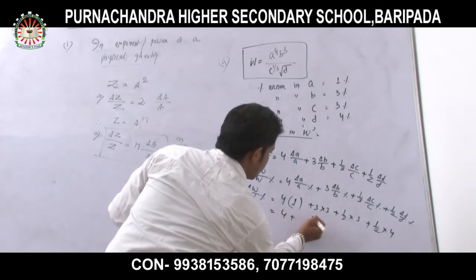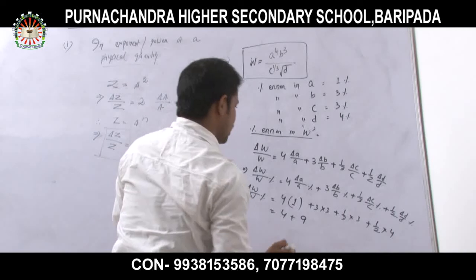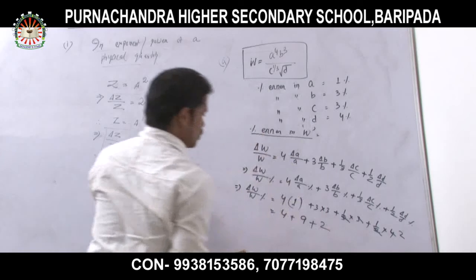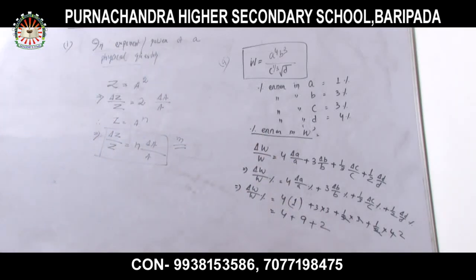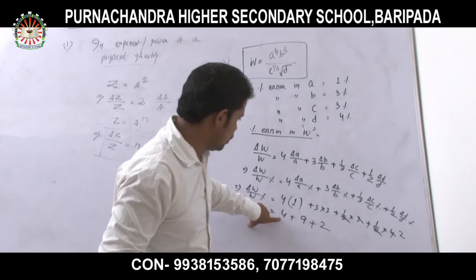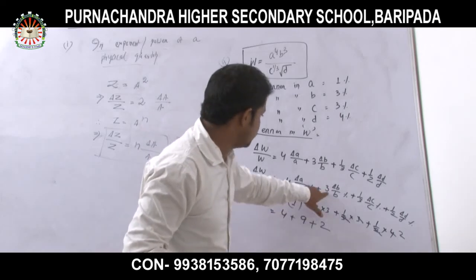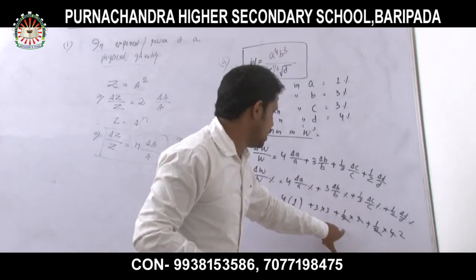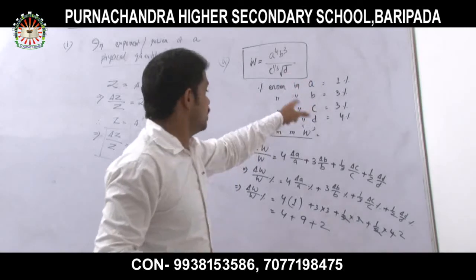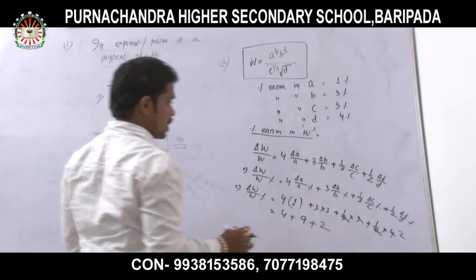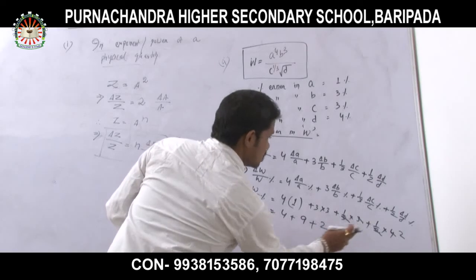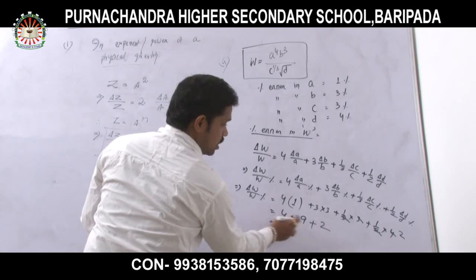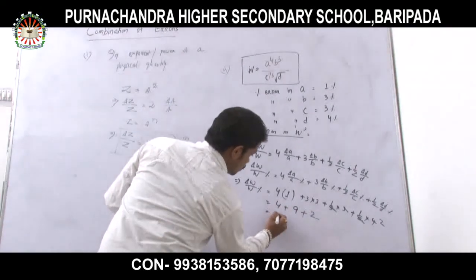So this is 4, this is 9, this is cancelled out, and this is 2. Understood all of you? Again I will repeat: 4, this is 3 del B by B is 3%, 9, this is cancelled out, del C by 3, and this is del D by D. Clear? So this is 2. So how much? This is 9, 4. How much? 13. And this is 2. This is 15.